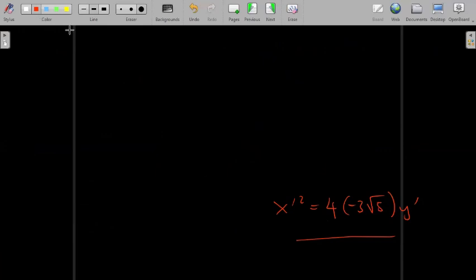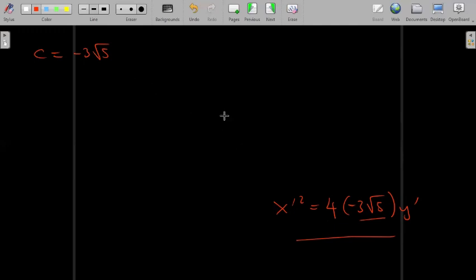So now my c. So I said my c is going to be this. So you know your c is going to be negative 3 root 5. Okay, how do I find my focus? I know it's centered at 0, 0. You can see here there's nothing. So it's at 0, 0.